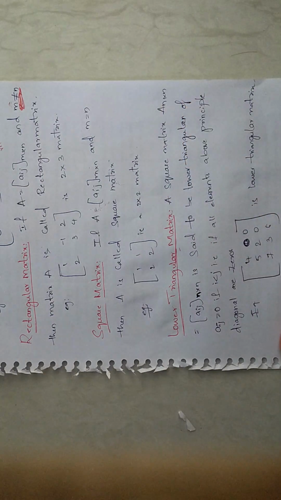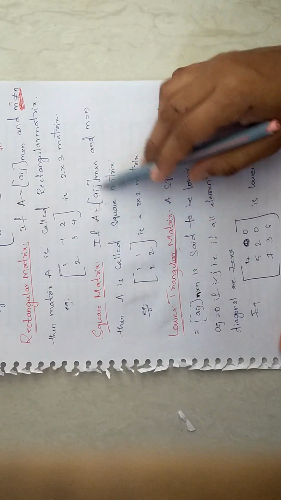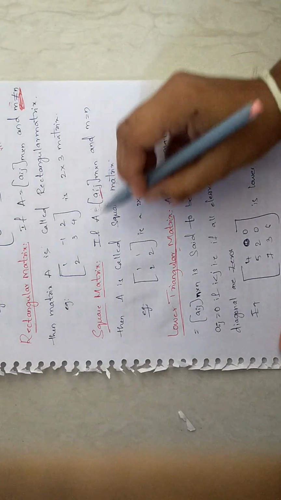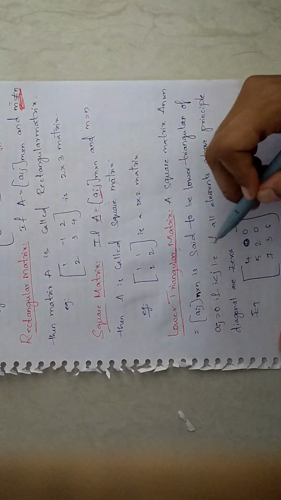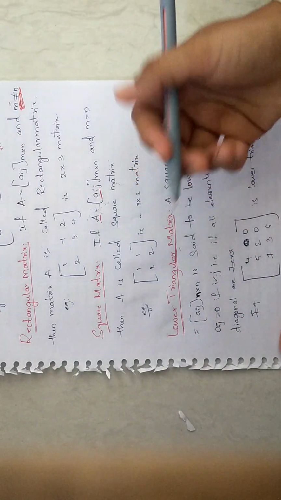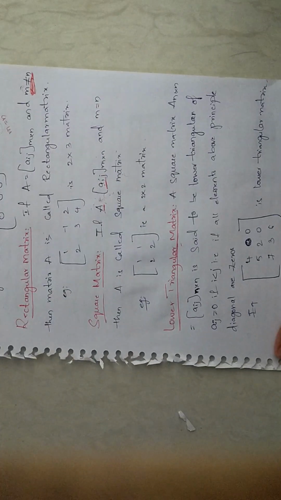And remember how you denote the matrix: A of ij. A of ij means element, and A is the matrix name. For every matrix we have to give a name. All these rules we will understand more while doing problems.